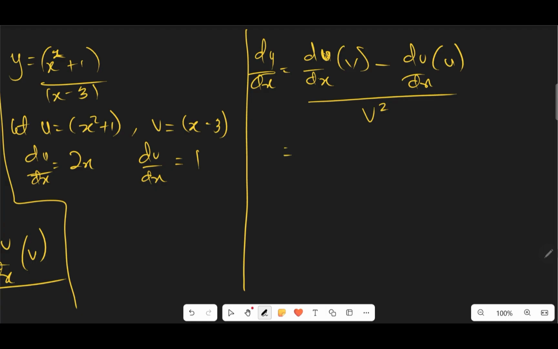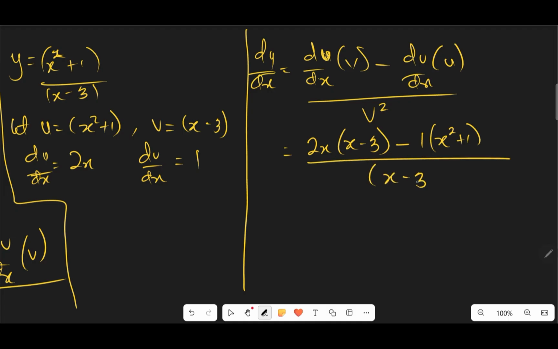So let's put in the values. du dx is 2x, so 2x multiplied by v, and v is x minus 3. Then minus dv dx, which is 1, multiplied by u, and u is x square plus 1. Then I'll divide all this by v square, and v square is x minus 3 all square.